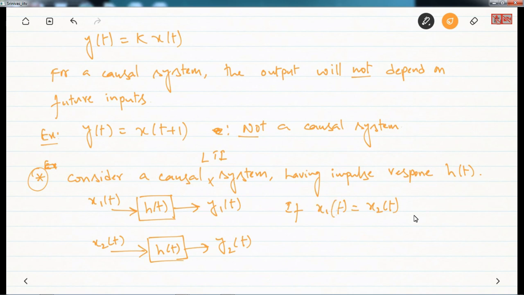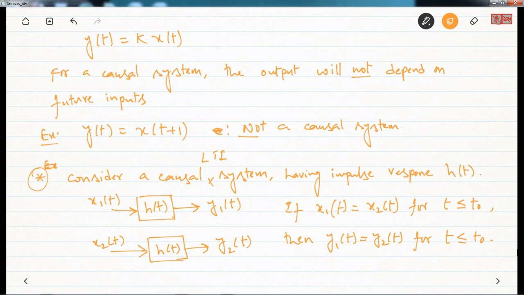If x1 of t is equal to x2 of t for t less than or equal to t naught, some value of t naught, then y1 of t is equal to y2 of t for t less than or equal to t naught. So this is another property of causal linear time invariant systems.